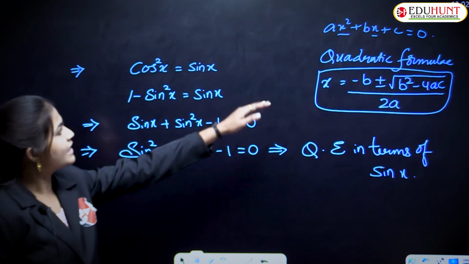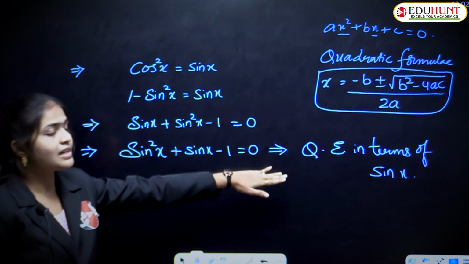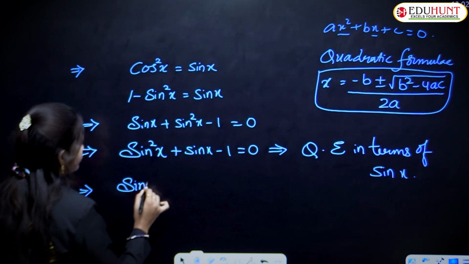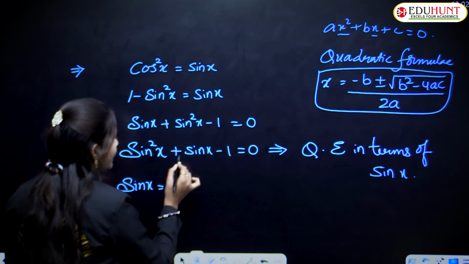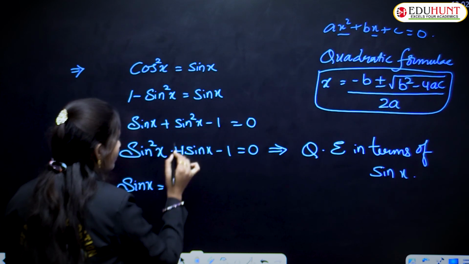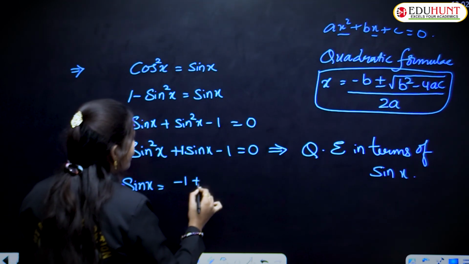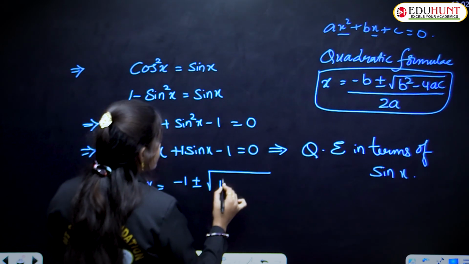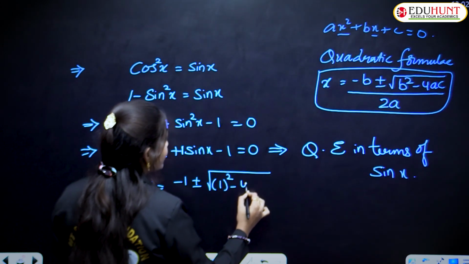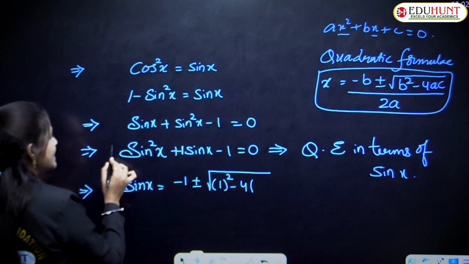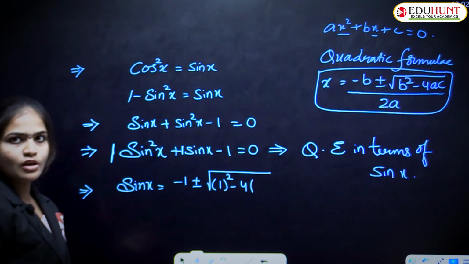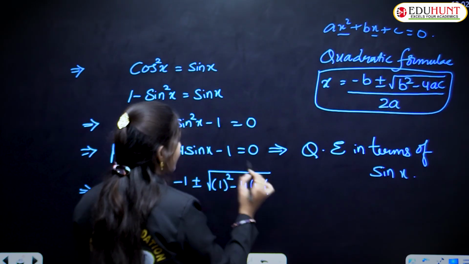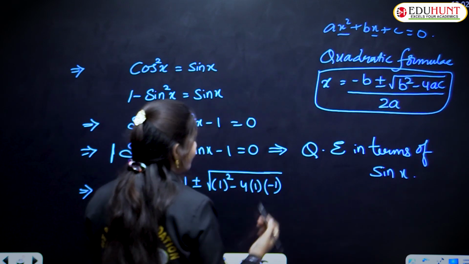Now here that is in terms of x, but this is in terms of sin x. So sin x is equal to minus b. Here nothing is there, means 1 only, no? So minus b plus or minus square root of b square, so 1 square minus 4 into a into c. Here c is 1, including the sign we have to take.